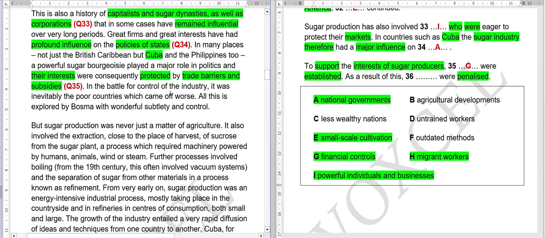In the battle for control of the industry, it was inevitably the poor countries which came off worse. This is explored by Bosma with wonderful subtlety and control. So they're saying that because they wanted to control something, poor countries came off worse. Basically, poor countries faced the worst outcomes.